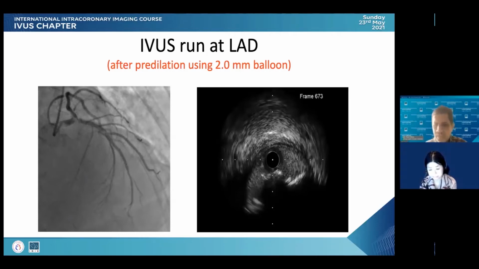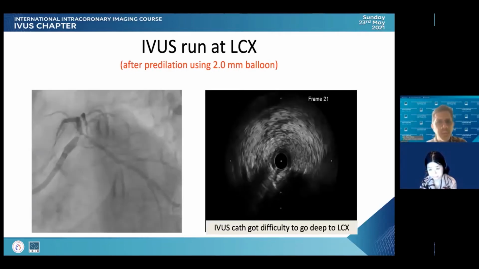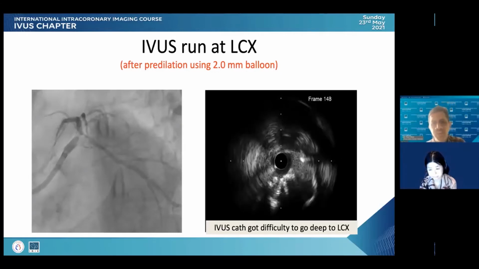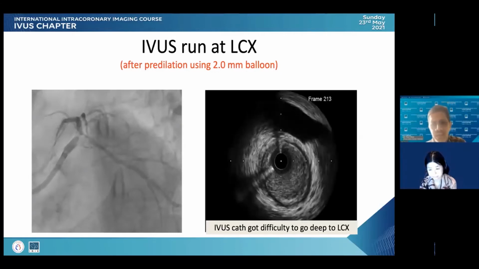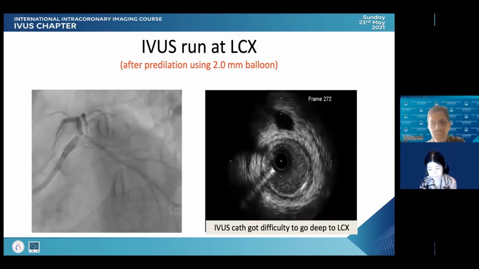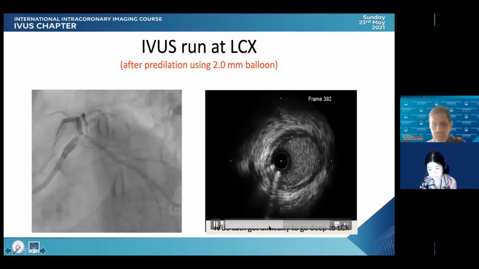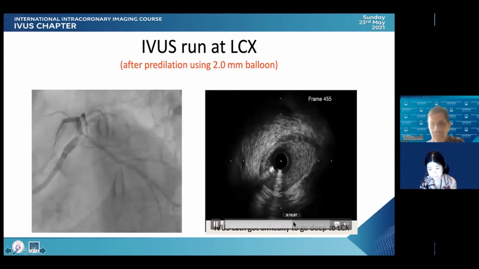Okay, thank you, Dr. Akiko. And this is where we tried to assess the circumflex to left main, but I had difficulty going deep into the circumflex. So we just got information at the ostial part of the circumflex to the left main.